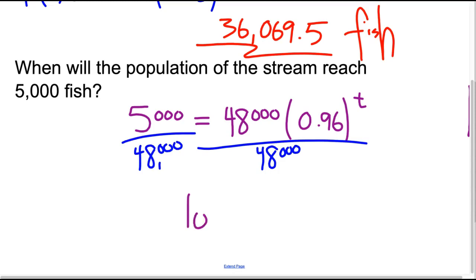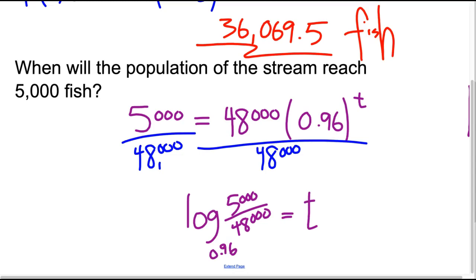So now I'm going to have the log of 5,000 over 48,000, with a base of 0.96. And that will equal the time in years it takes.